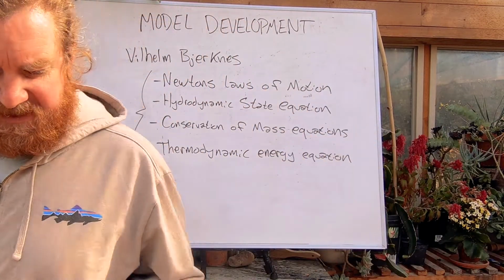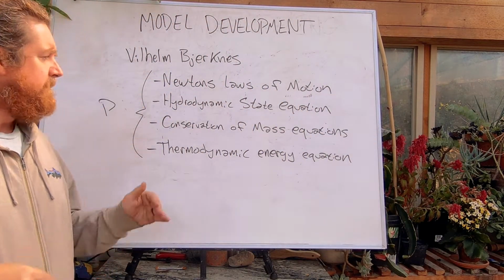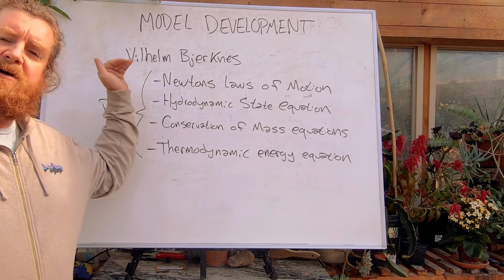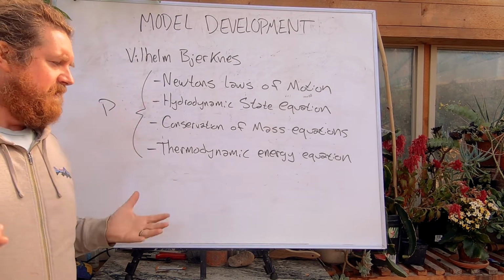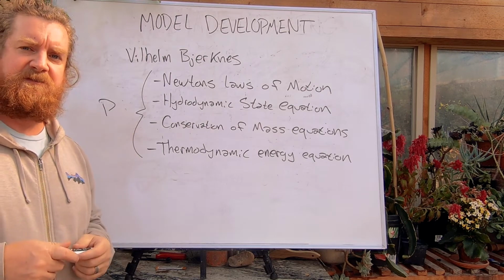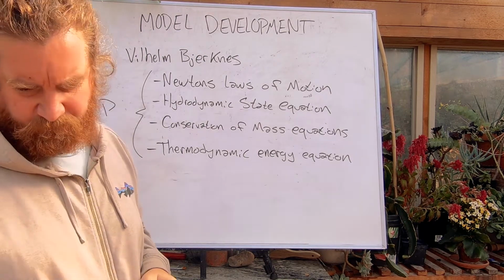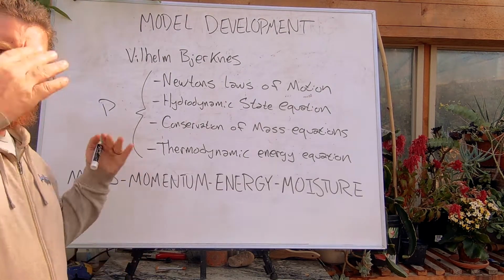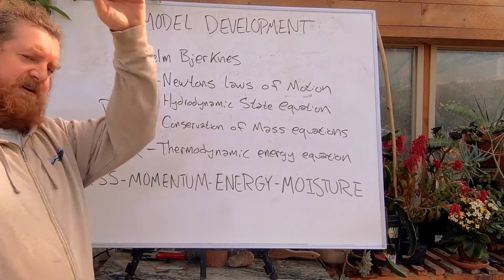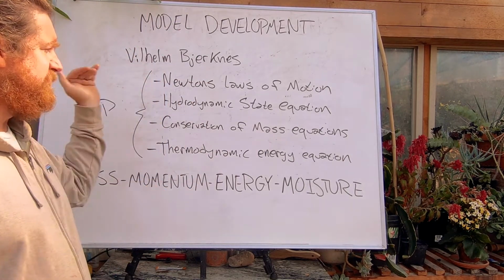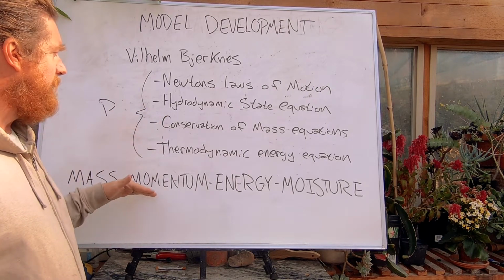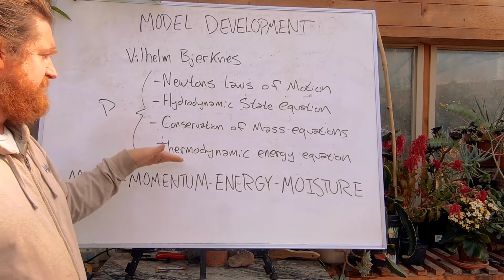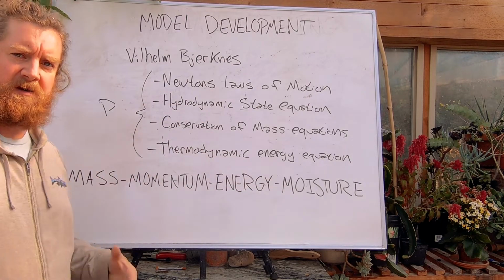So these are what he sees as the primitive equations, but these equations require many, many different inputs and can accommodate lots of different variables. If we were to strip this down into single-word descriptions for each of these groups of equations, we've got mass, momentum, energy, and moisture.